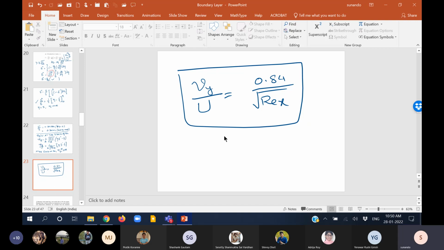Initially it will grow faster since the Reynolds number is small, but as Reynolds number increases, the value of Vy decreases, and the growth of the boundary layer is going to be arrested. The important point still remains that the edge of the boundary layer is not a streamline.